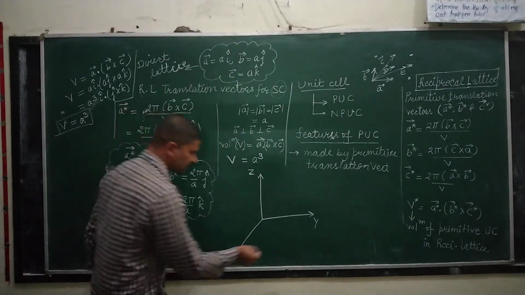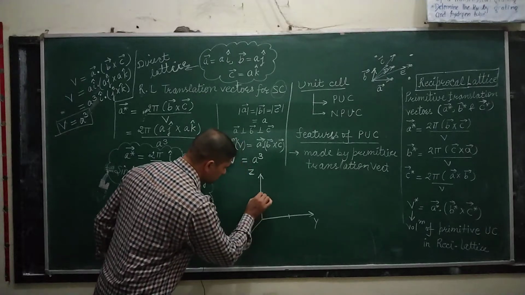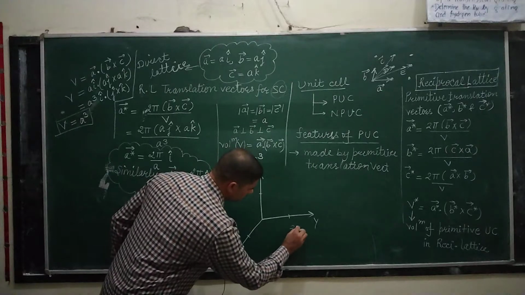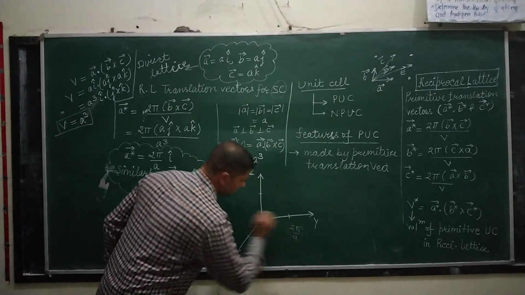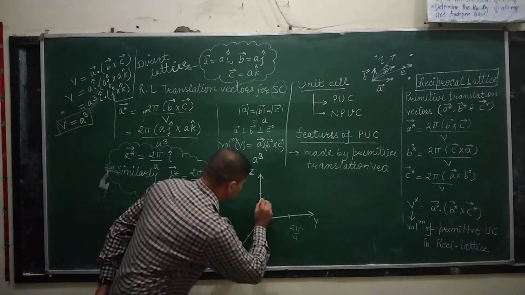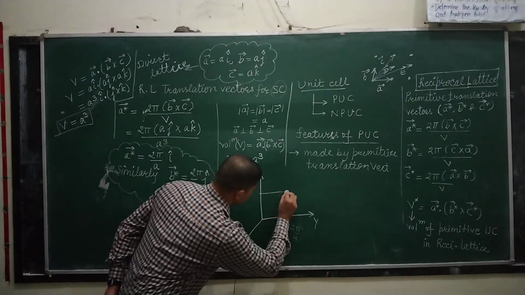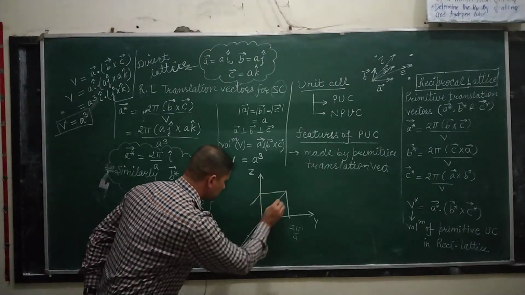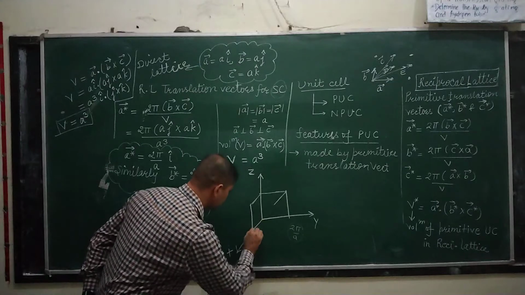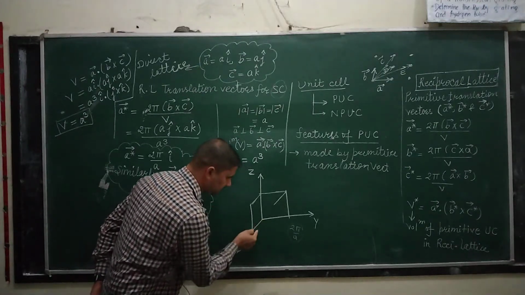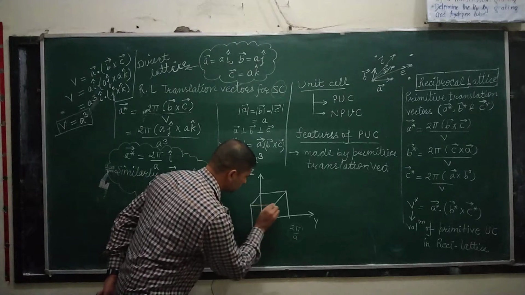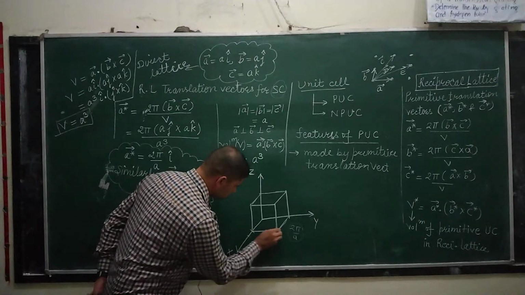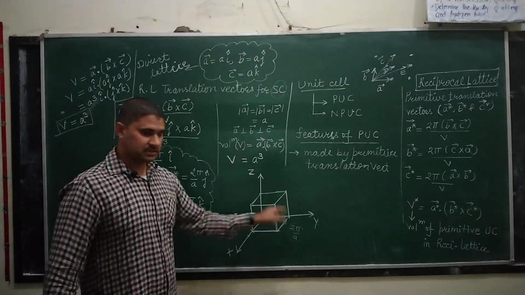Here what has happened, the size of the side has become 2 pi by a. Clear? So here this will be the primitive unit cell. Let this distance be 2 pi by a, okay class. So this is the difference.